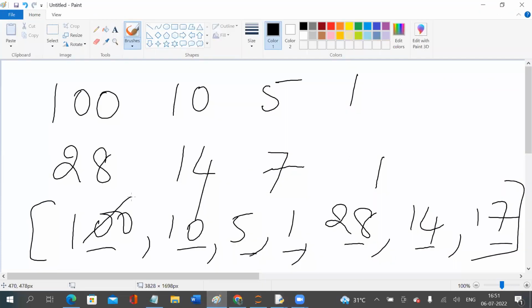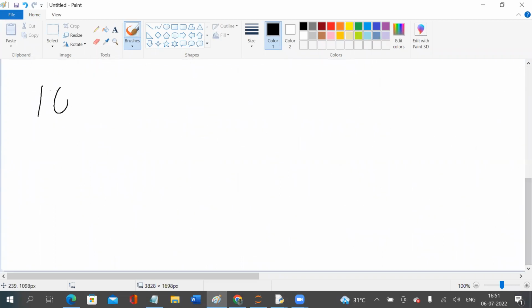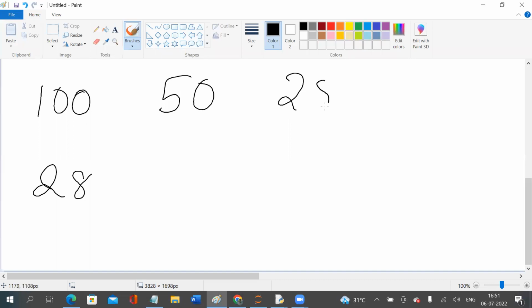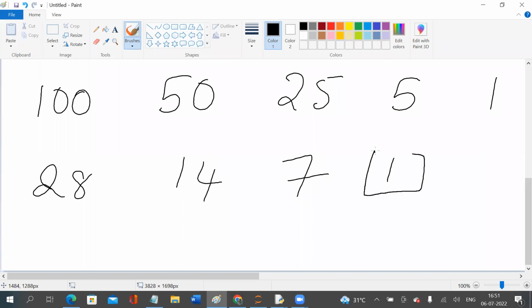I'm extremely sorry. 100 and 28. For 100, the largest factor is 50. For 50, 25. For 25, 5. For 5, 1. For 28, 14. For 14, 7. For 7, 1. But this will not be taken again.